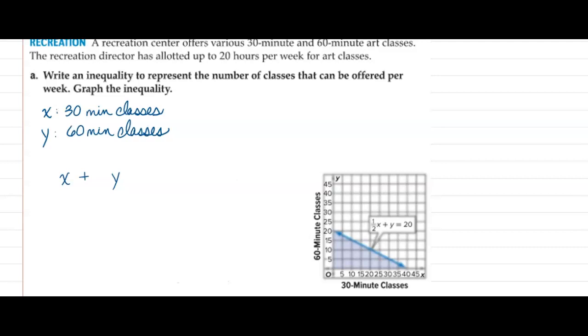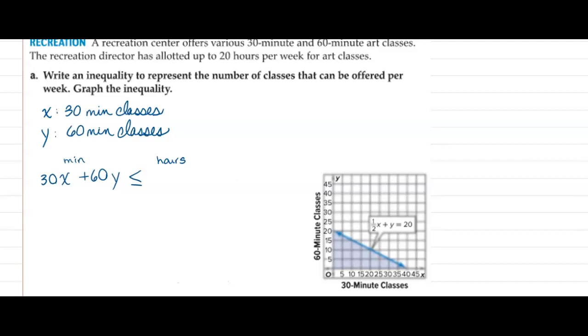So that means we have to put the time, or the value of the time, into our inequality. We have to say 30 minutes and 60 minutes. And that must be less than or equal to 20 hours. But I can't have minutes on the left side of my inequality and hours on the right side. It won't work. So I have two choices.